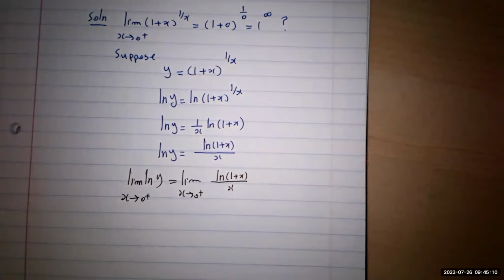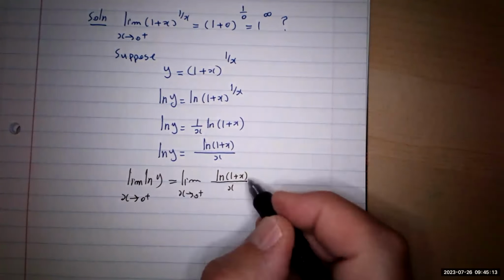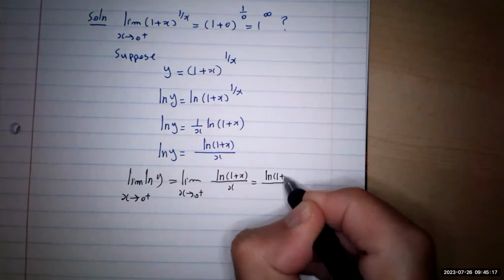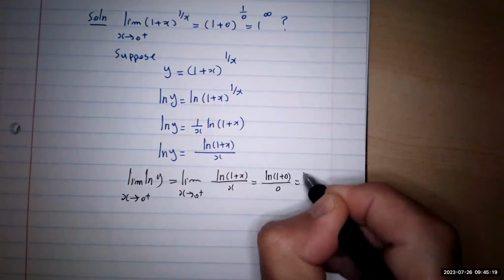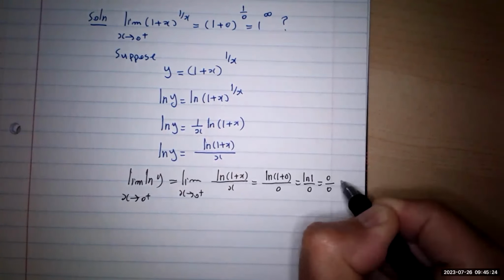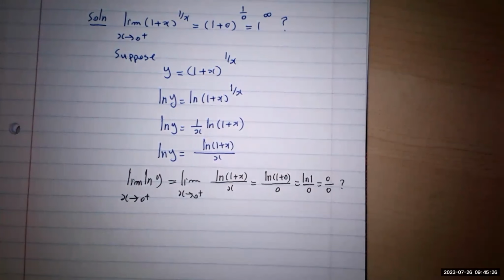Substitute 0 for x. So it would be ln of (1 plus 0) over 0. It's going to be ln of 1 over 0, but ln of 1 is 0. So 0 over 0. See?